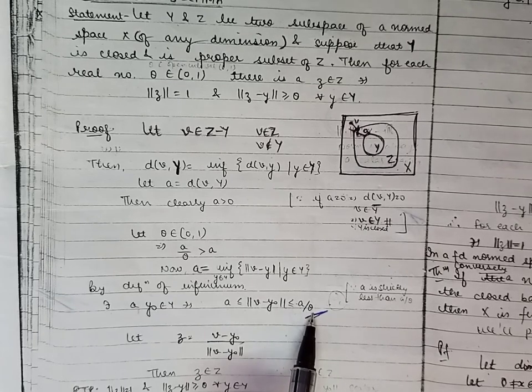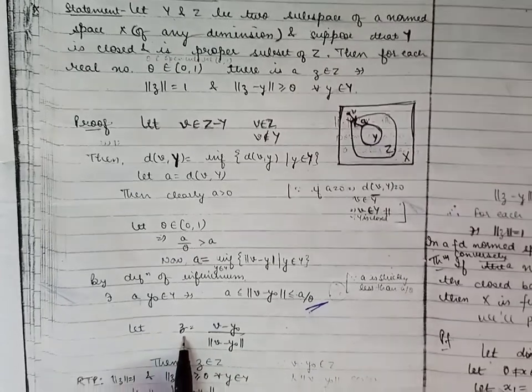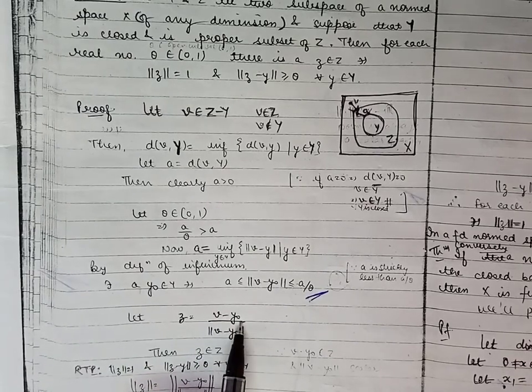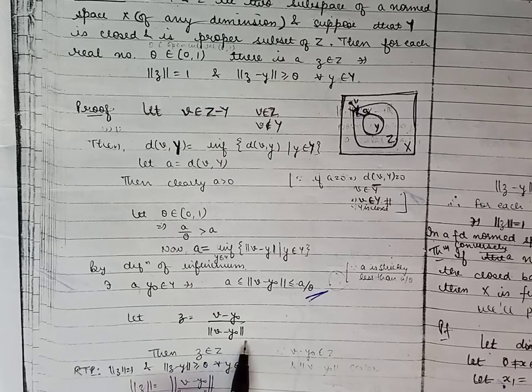Now we are to define an element z which belongs to the subspace Z. So let us take z defined by the ratio of v minus y0 divided by the norm of v minus y0.